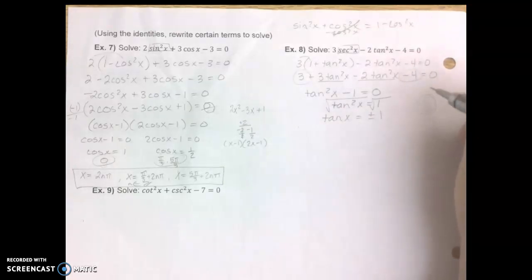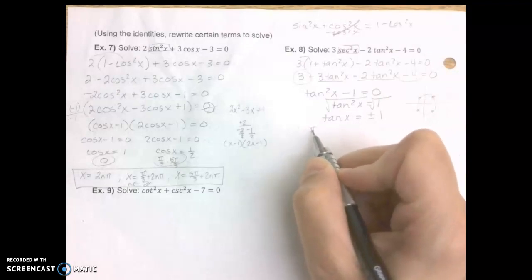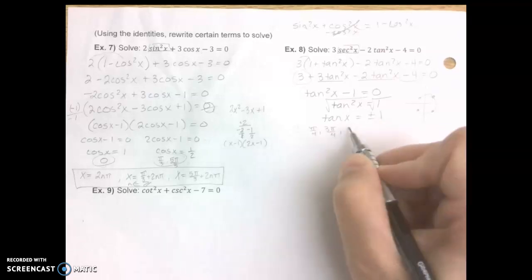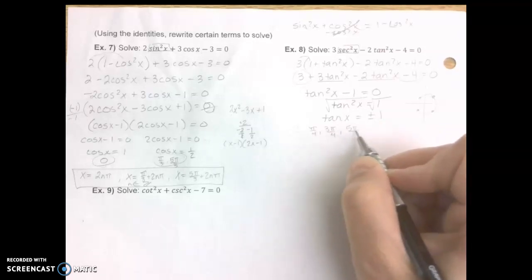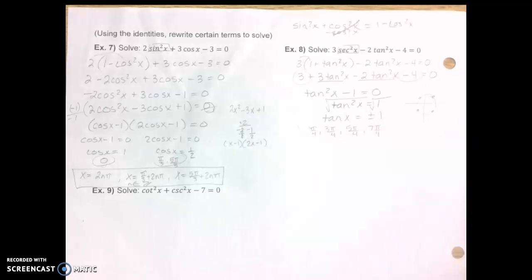So if I think back to tangent, that's a positive 1, negative 1, positive 1, negative 1. Then that's going to be pi over 4, 3 pi over 4, 5 pi over 4, and 7 pi over 4.